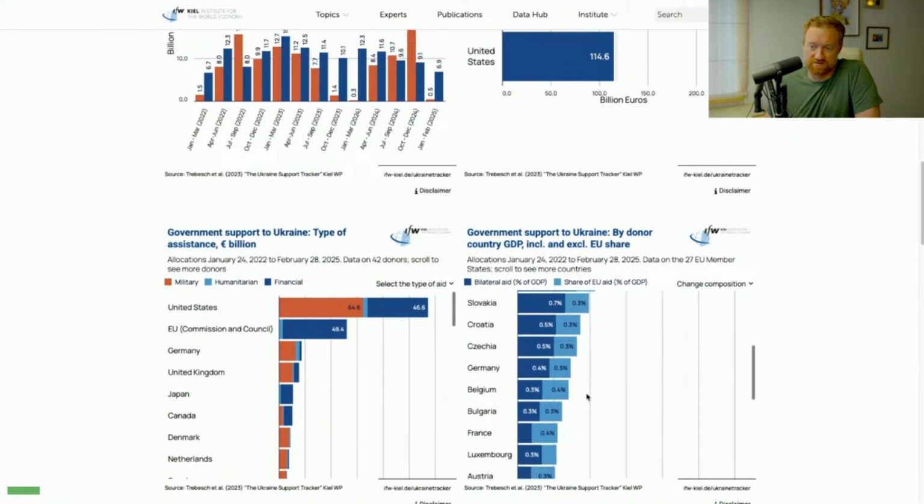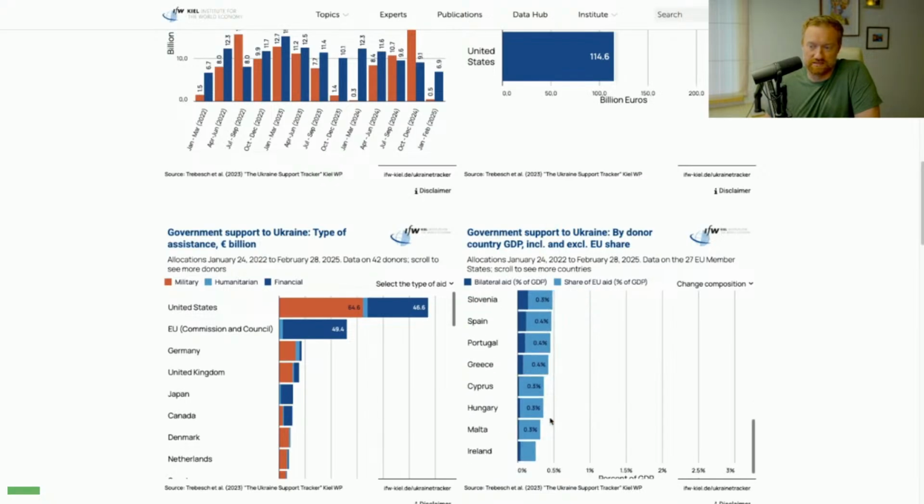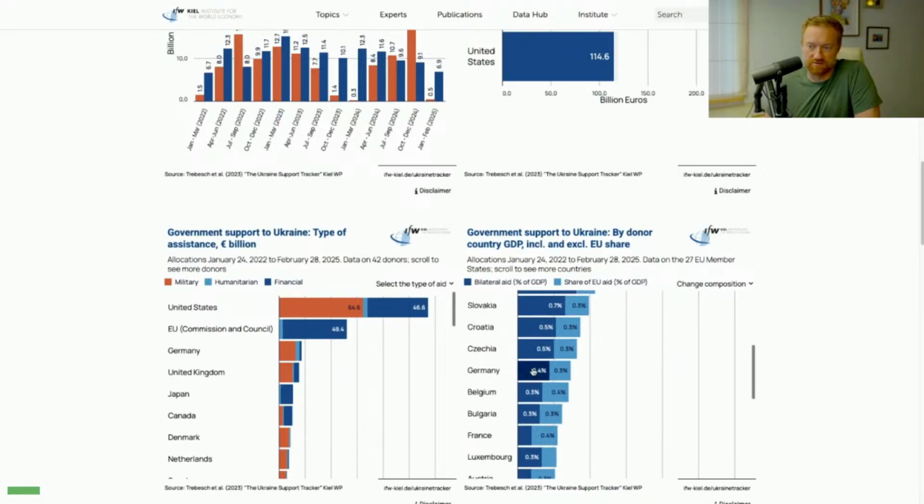But the big ones, the question is, the big ones, right? So this is France, quite small percent of GDP, and I don't know where Germany is. Germany actually has given a lot in totality, but so 0.7% of GDP.